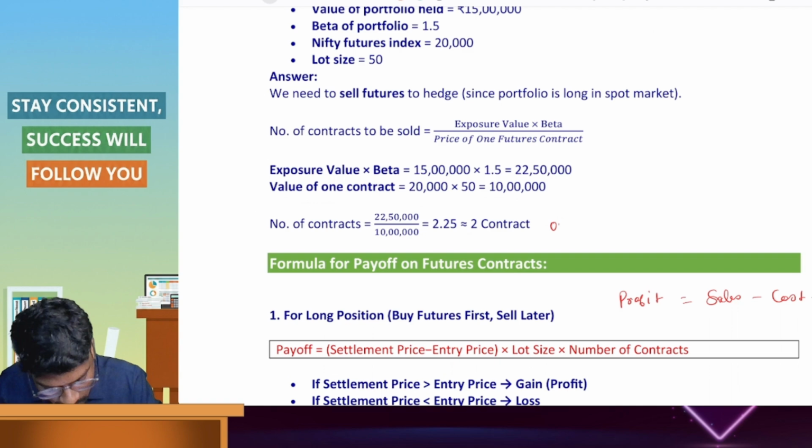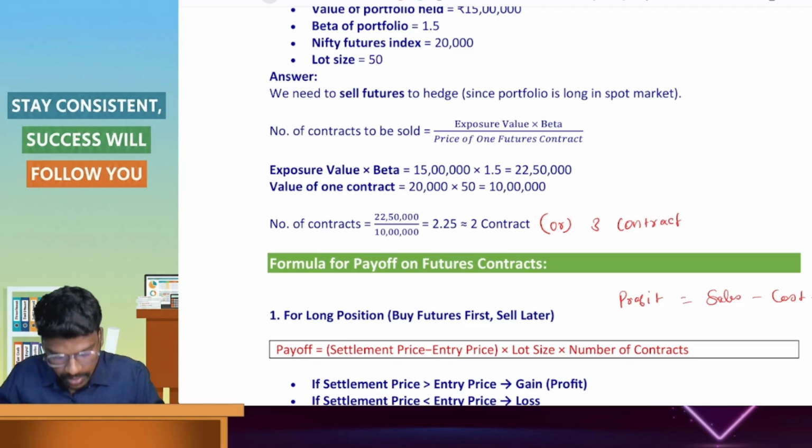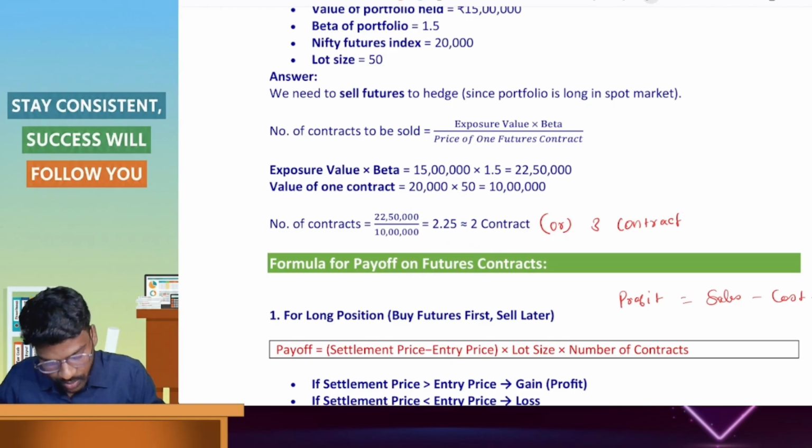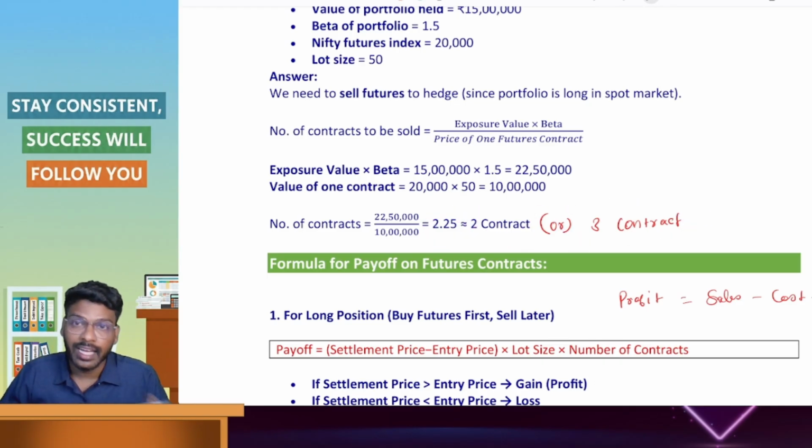This can be rounded upward, so it can be 3 contracts. In case of MCQ, you may lose the mark in this part. You can write 2.25, 2 contracts or 3 contracts in the answer.